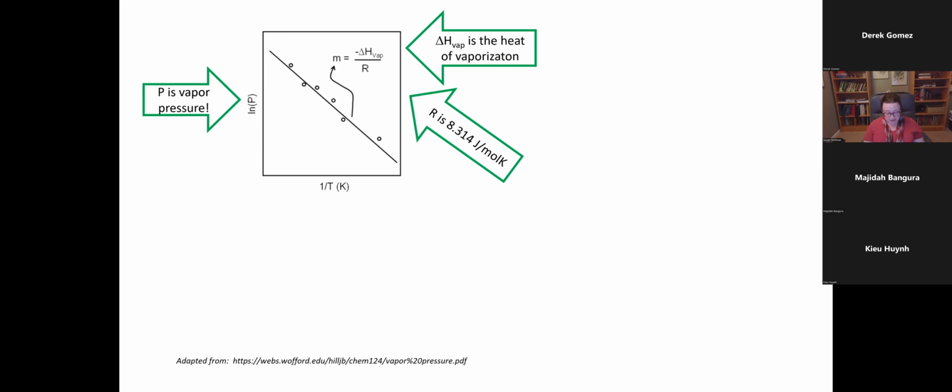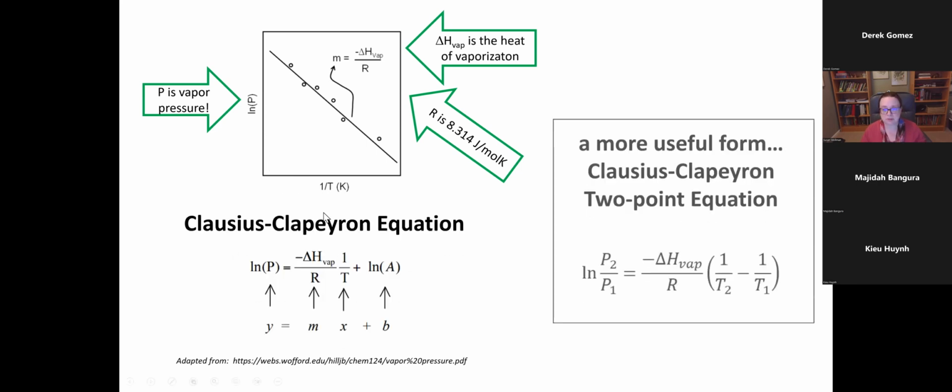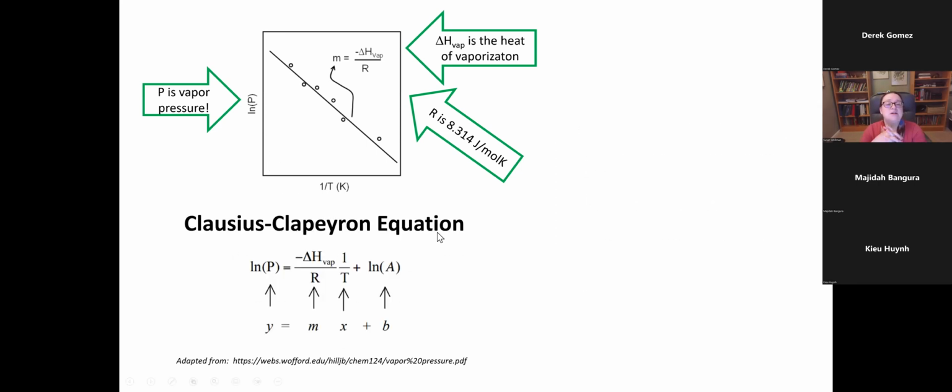All right, so here's how that equation looks. If you're not sure how that looks like a straight line, here is that equation. It's the Clausius-Clapeyron equation. Two guys couldn't decide who to name it after, so they both got credit. The y is the natural log of P, so that's our y variable.